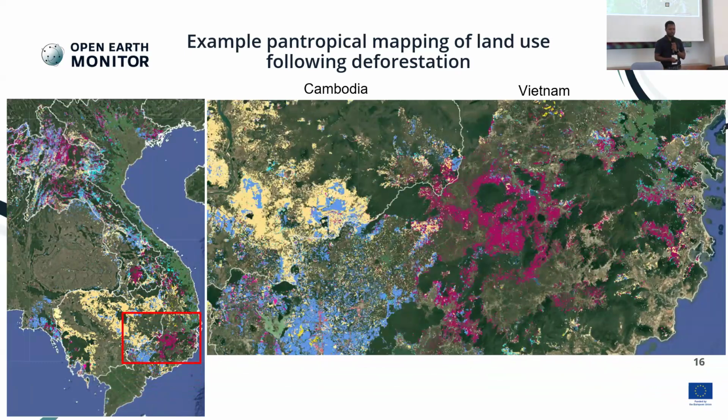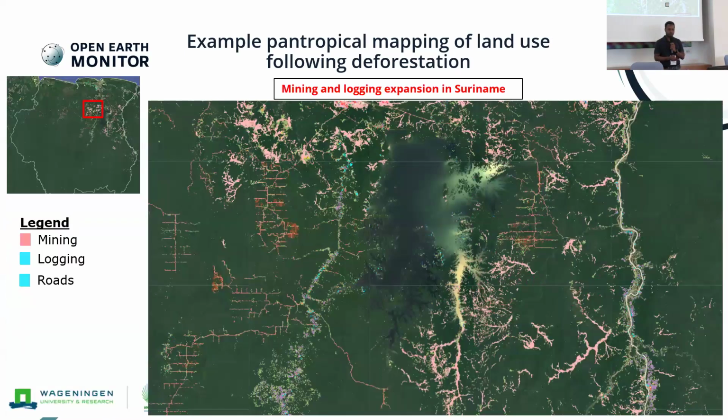We also view, for example, in Suriname, the complexity here, it's not a commodity, but you can see mining and logging activities, which are really impacting this forest structure, the Amazon infrastructure in Suriname.